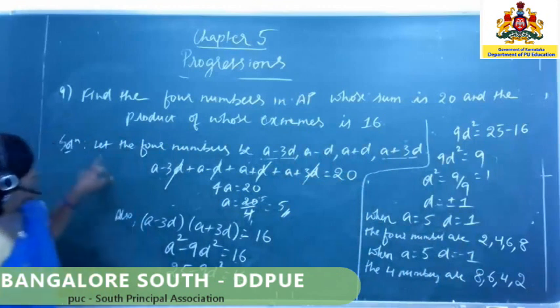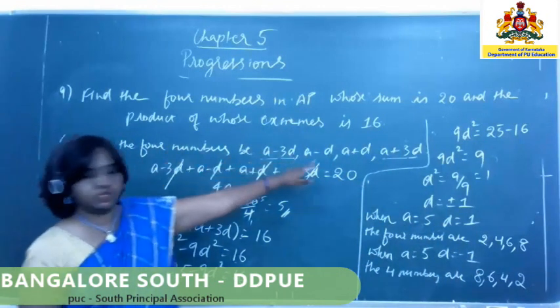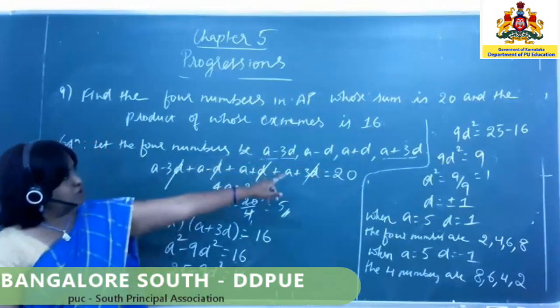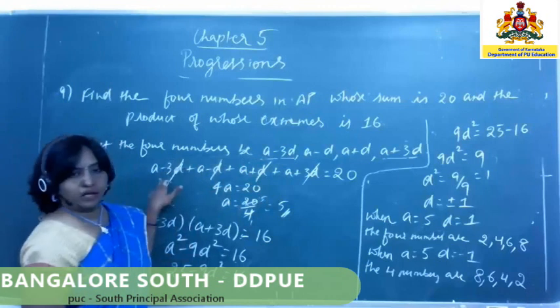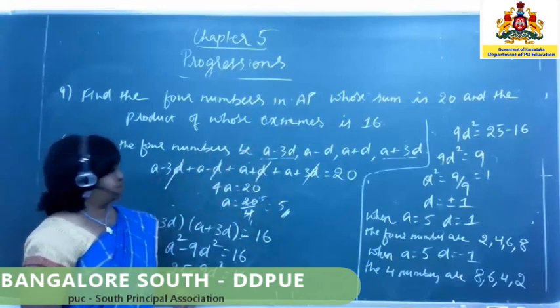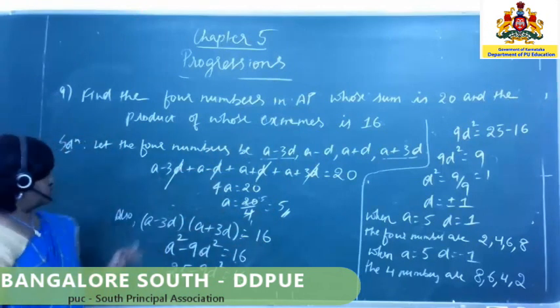So I'll repeat. When they ask you to find 4 numbers, consider A minus 3D, A minus D, A plus D, A plus 3D. Given sum is equal to 20. So take the summation, cancel minus 3D plus 3D, minus D plus D. You will get A is equal to 5. Then the product of whose extremes is 16.